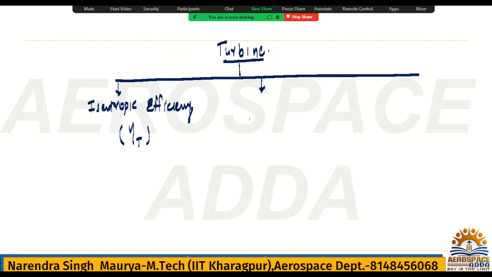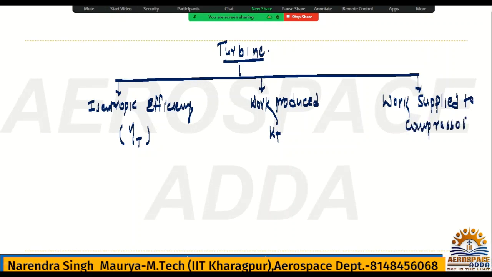Second is the work produced by turbine, it is WT. Third is work supplied to compressor, okay. How to connect this? So we'll start from the first, isentropic efficiency of turbine. Number one, this is number one, this is number two, and this is number three.